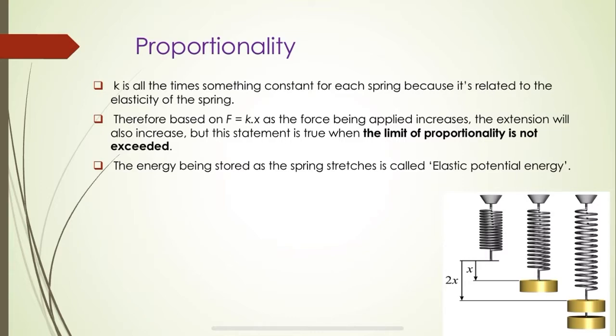When a certain load, let's say W, is hung on that specific spring, the extension will be x. And if that W is doubled, that means 2W is hung on the spring, the extension will be 2x. And guys, don't forget this.